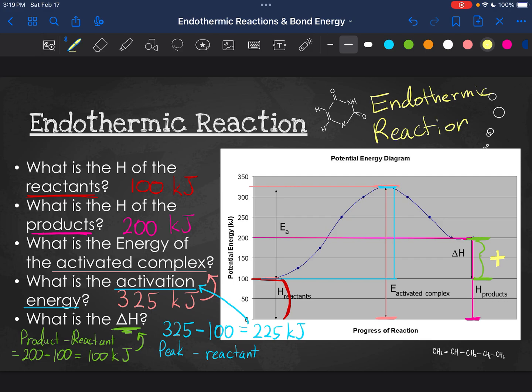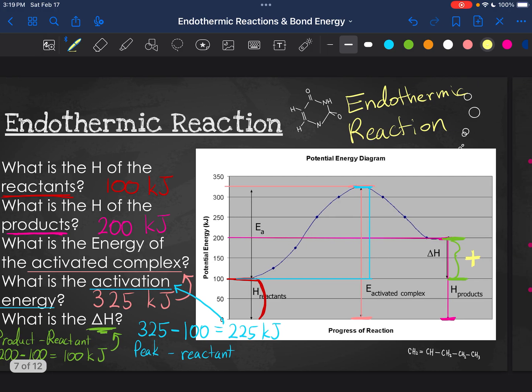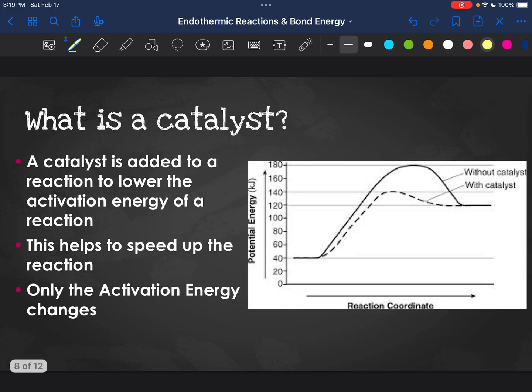And that's how we determine this graph. If you have any questions, feel free to rewind and watch the previous sections of the slides. If not, let's move on to some more details. So that's basically the graph that you have to understand when you're finding the values for each part.